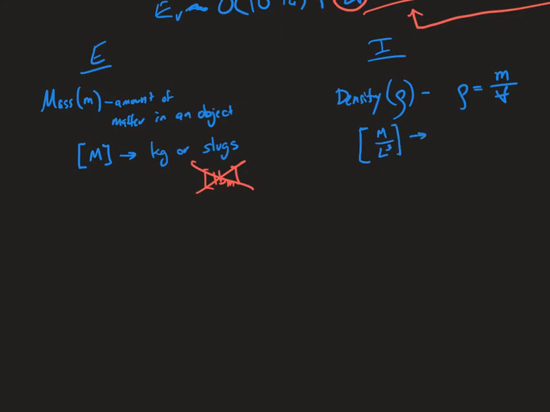In the SI system, that's kilograms per cubic meter. And in the English or silly system, depending on what you want to call it, it is slugs per foot cubed. Throughout this class, we're going to use density constantly, so you really need to have an idea how this works.